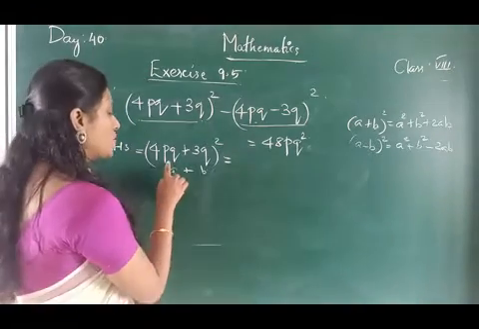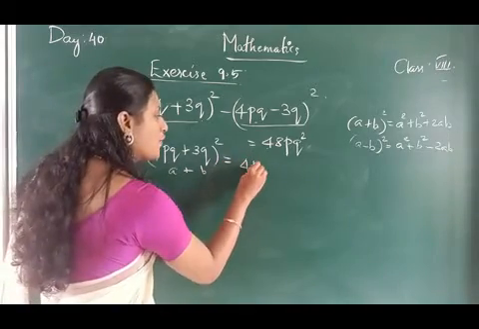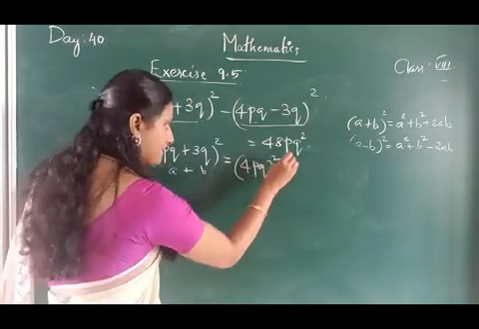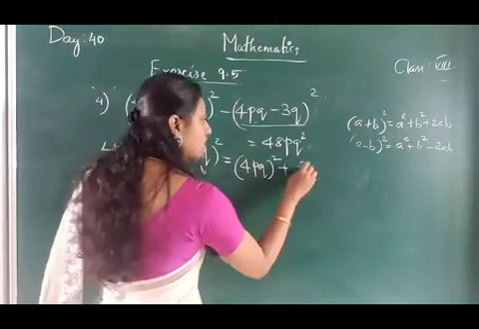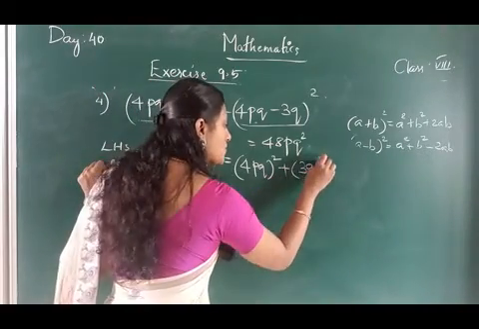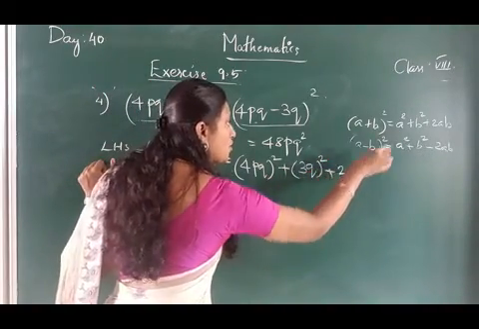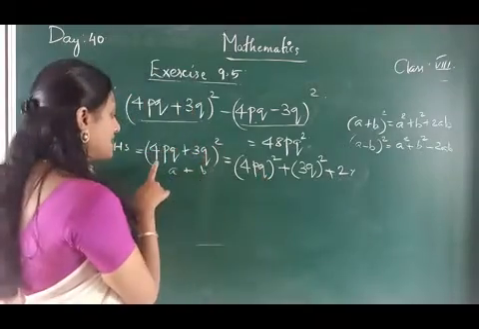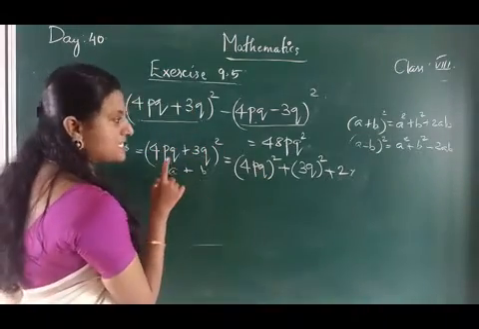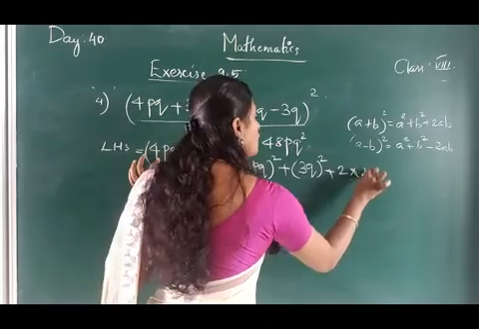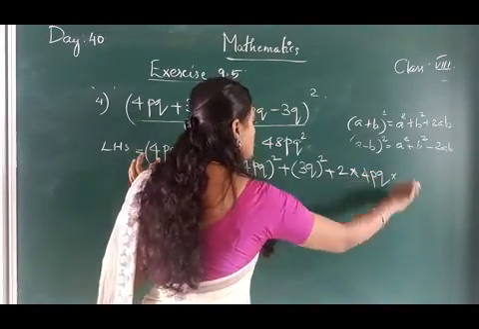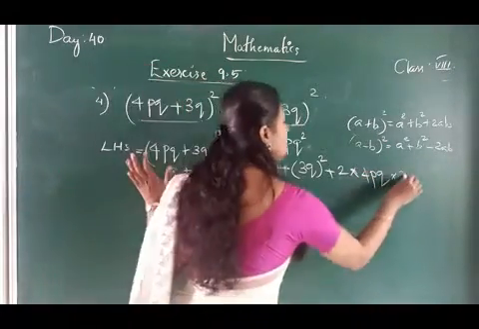Okay, so a square means 4pq square plus b square means b the base is 3q. So 3q square plus 2 into a into b. A is 4pq, b is 3q. So multiplying 2 into 4pq into 3q.